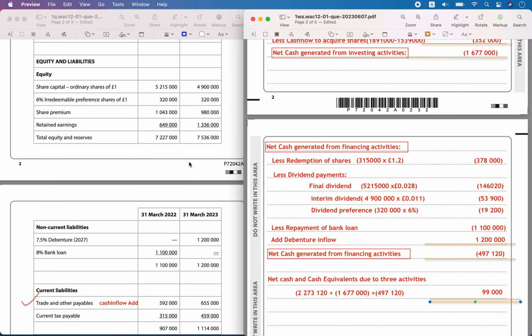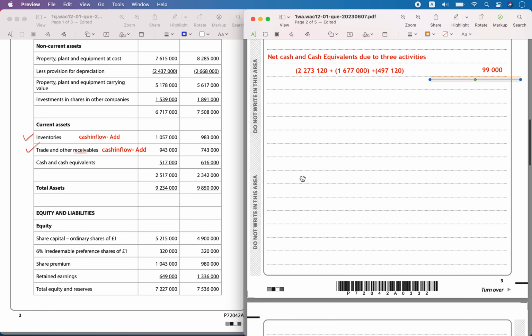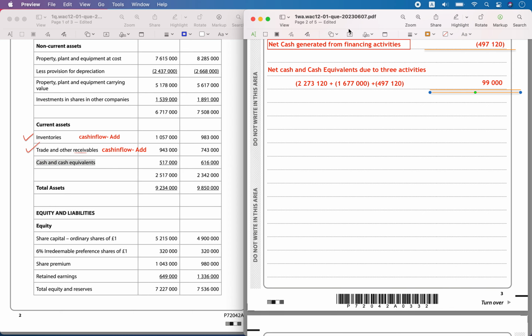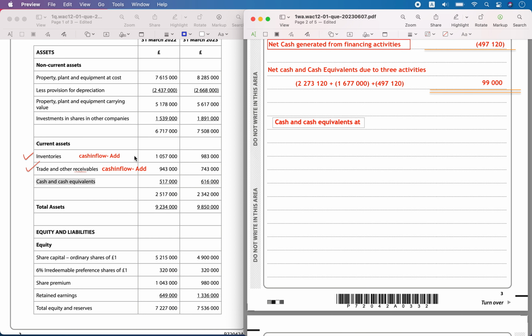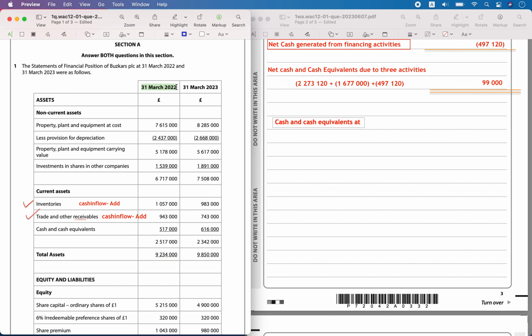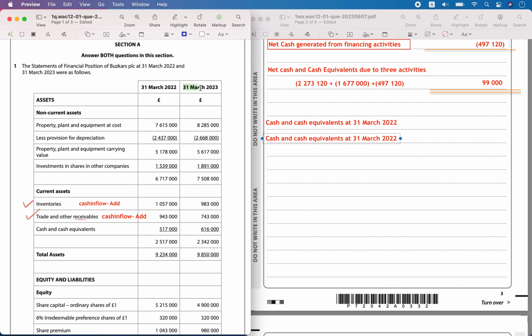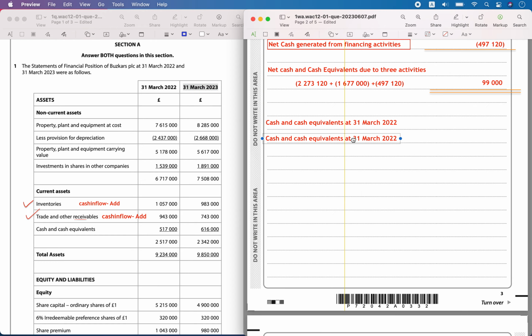Now it has to balance with the cash and cash equivalents they have mentioned, because all we have included is pure transactions. So cash and cash equivalents at 31st March 2022, the end of last year or beginning of this year, and cash and cash equivalents at the end of 31st March 2023. We have to calculate the difference.